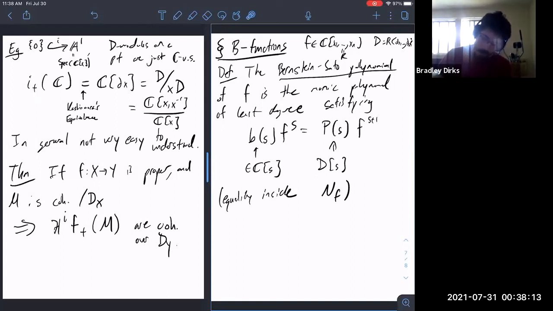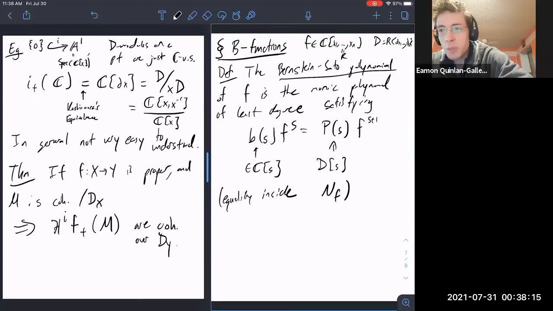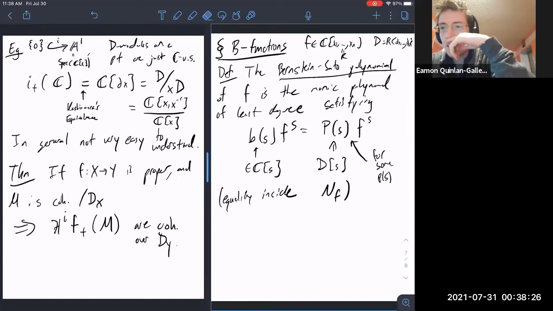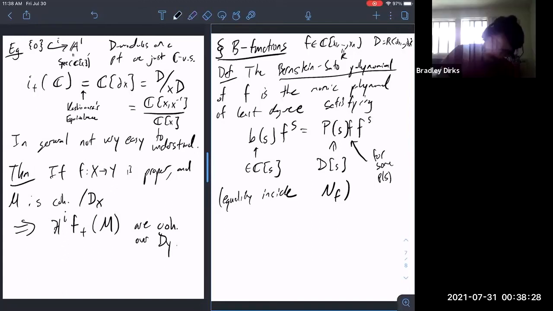Sorry, let me interrupt you once again. This f^s was a formal symbol, so maybe it's good to clarify what f^(s+1) means. Yeah, this is just f times f^s. Thank you for that, I should have been more careful.